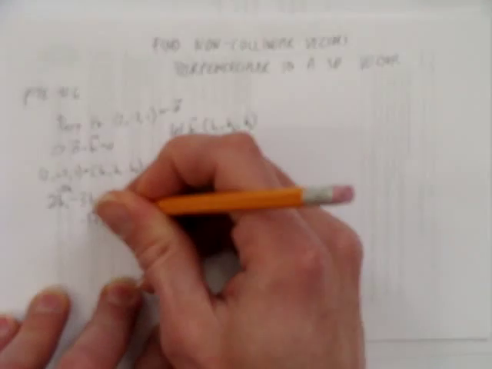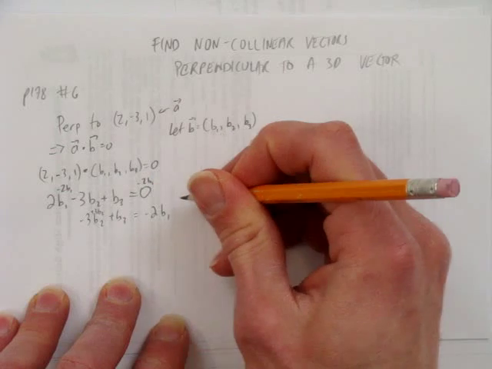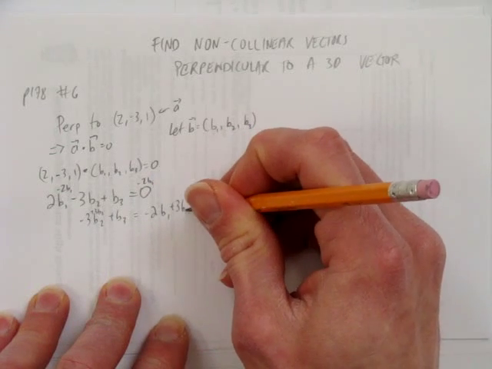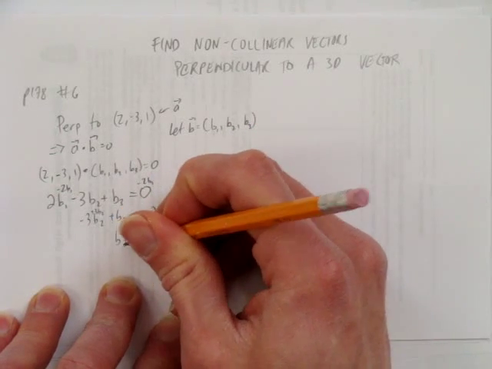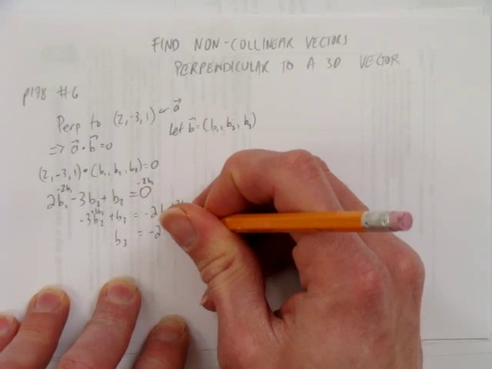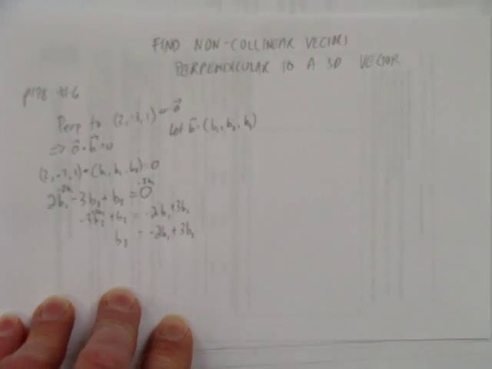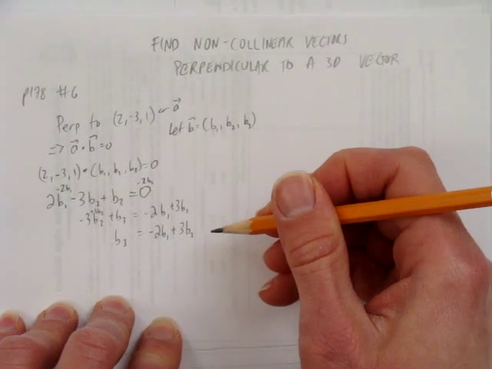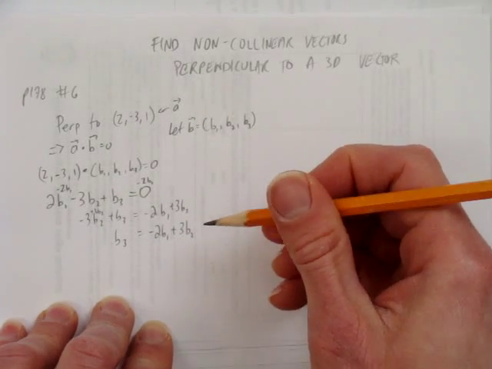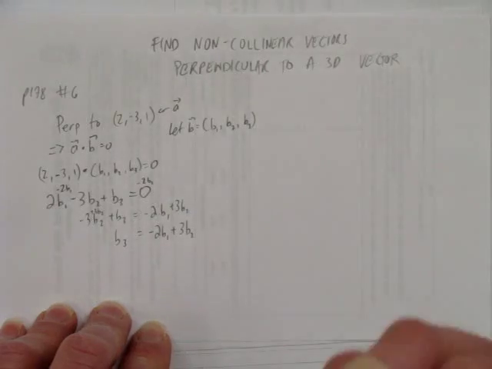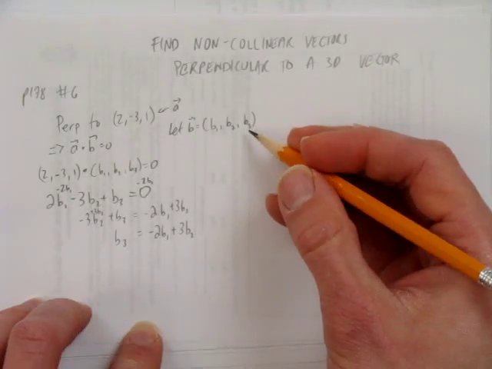And I can add on 3b2, and I get b3 equals -2b1 plus 3b2. So now I have a formula for how to calculate the components. I can use this formula and just come up with components for vectors that'll work.